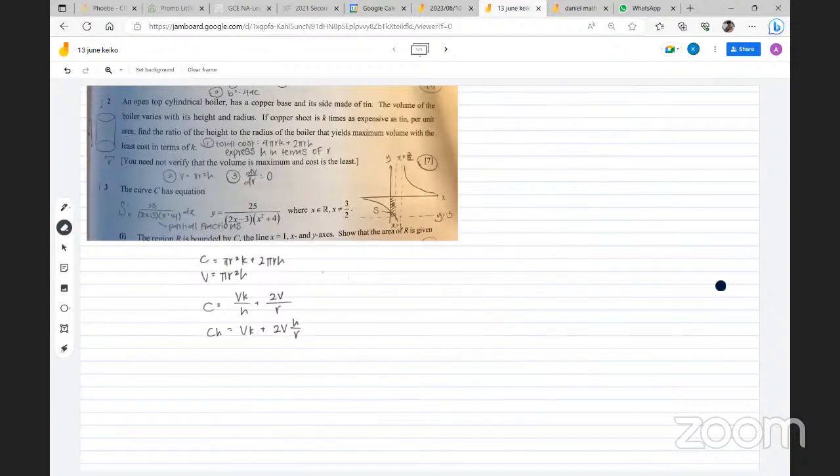The answer key did dC/dr, so h is a constant, apparently. H is a constant, right? Okay, then what do they do with the V? They also did dV/dr equals 0.